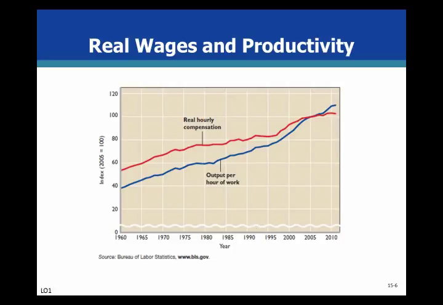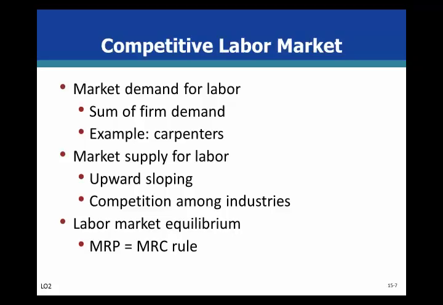And obviously, things are more expensive, so we have an increase in our hourly compensation, but also then looking at how much people are working. And please notice that blue line, the output per hour of work, is increasing because we're working on our days off, we're working on vacation, we're always checking our email, we're always texting.